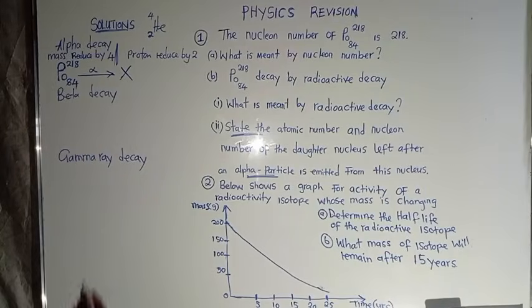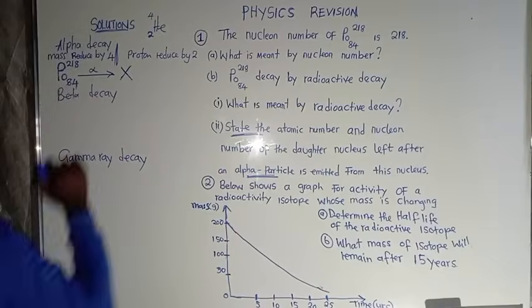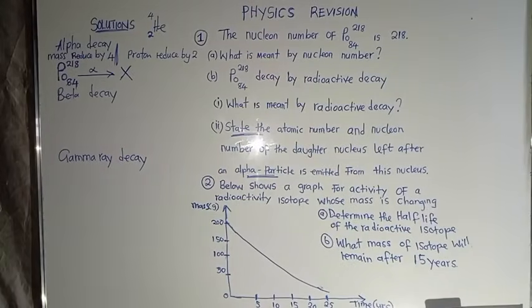What proton number are we going to have if the mass number reduces by 4 and the proton number reduces by 2? Tell me the mass number and the proton number we are going to form.